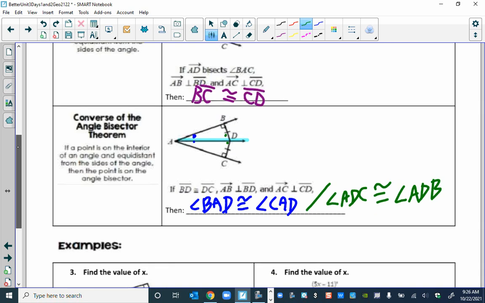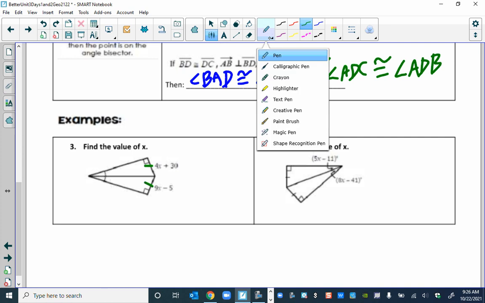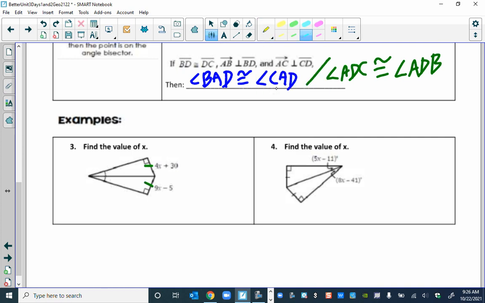So basically, these last 2, in both cases, what can we say about these two sides? They're both what? Here's your mirror. They're the same. And then what about these two angles? The 5x minus 11 and the 8x minus 41. There's your mirror.